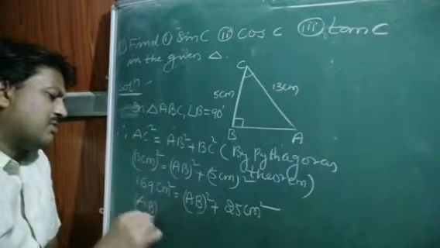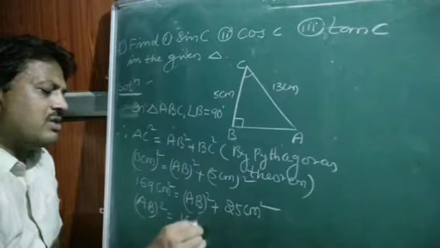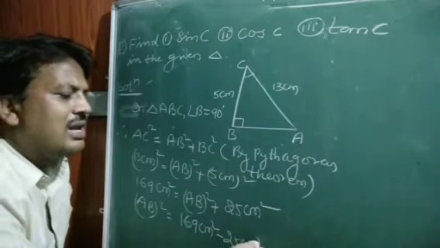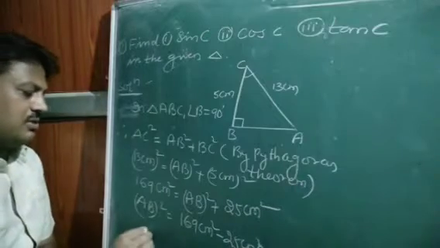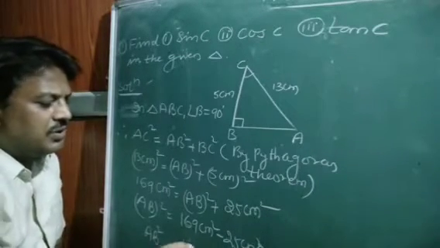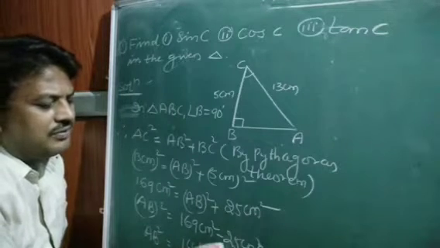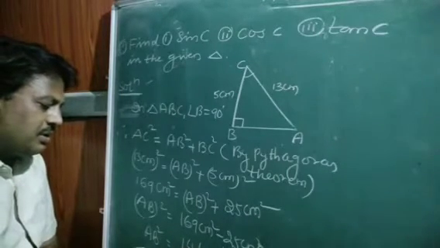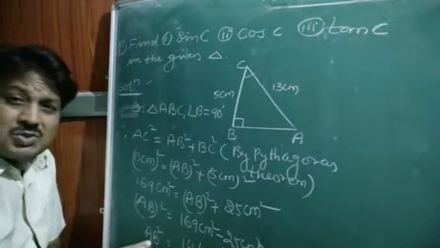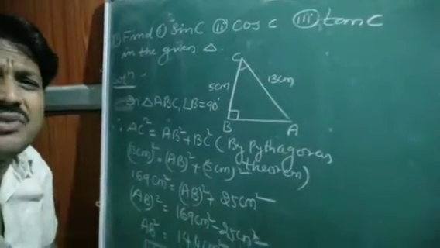So AB square is equal to how much children? 169 square centimeter minus 25 square centimeter. So AB square is equal to 169 minus 25, 144 square centimeter. Apply root on both the sides because it's AB square and we need the value of AB.